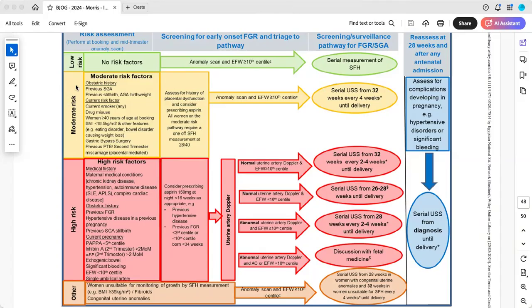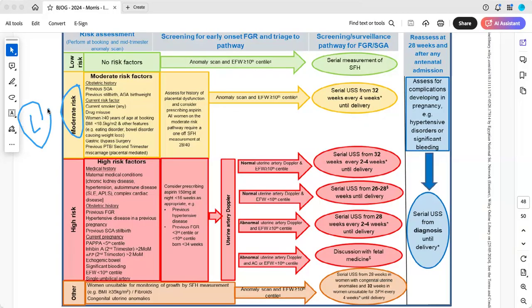How about moderate risk group? Moderate risk group, my dear friends, it's a case with risk of late onset FGR, late onset FGR. That's why the surveillance for this case starts a bit late, okay?